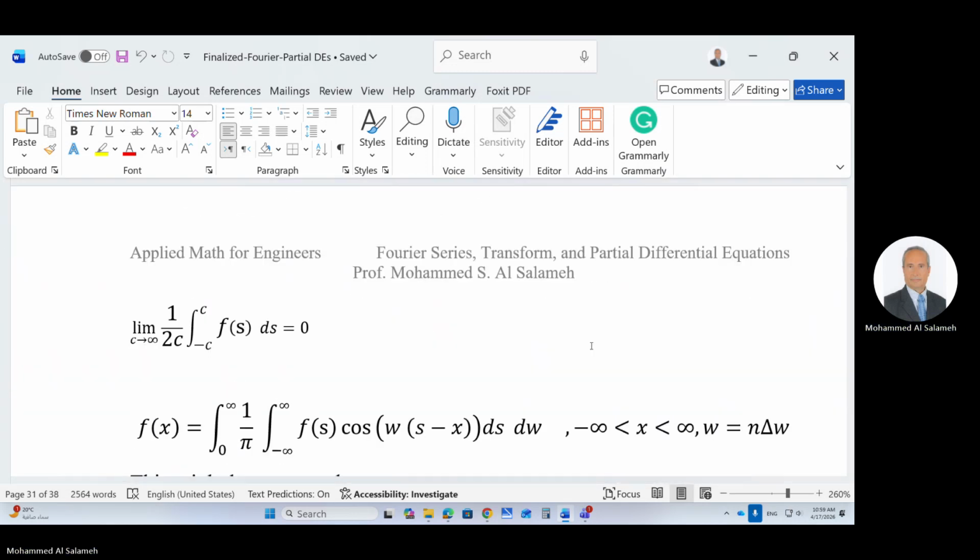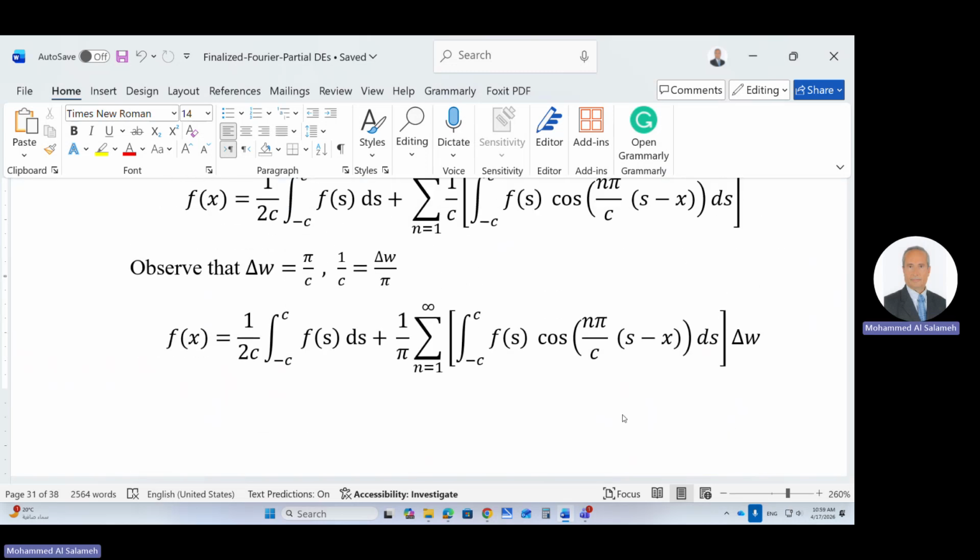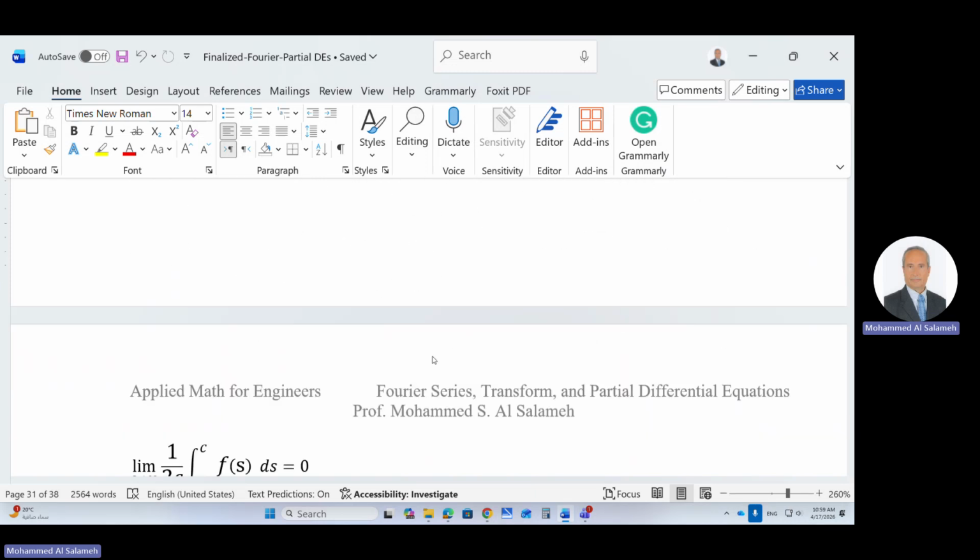So instead of n pi over c, we put omega. 1 over c is delta omega over pi. So delta omega is pi over c, and n delta omega, or n pi over c, is the omega itself.